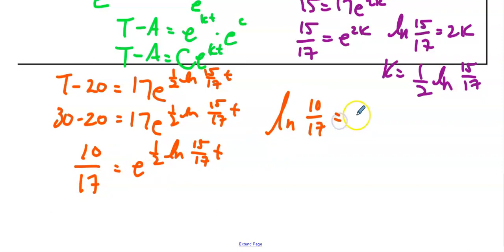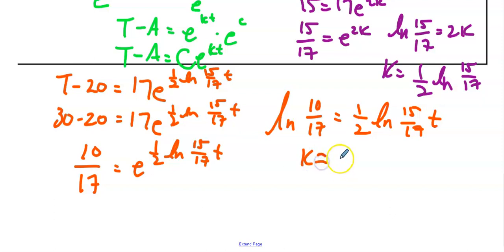This is definitely a calculator problem. I mean, this is 100% a calculator problem, because it gets really crazy. And so we're going to get natural log of 10 over 17 equals 1/2 the natural log of 15 over 17 t. And you guys could see what the k value is. We could use the decimal equivalents to this if you wanted to.